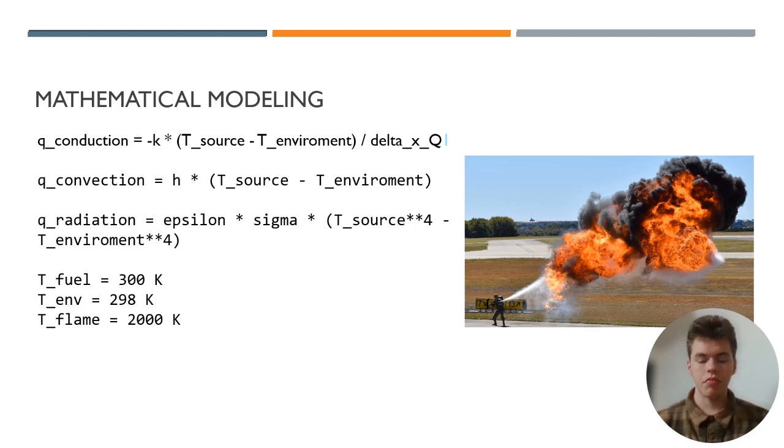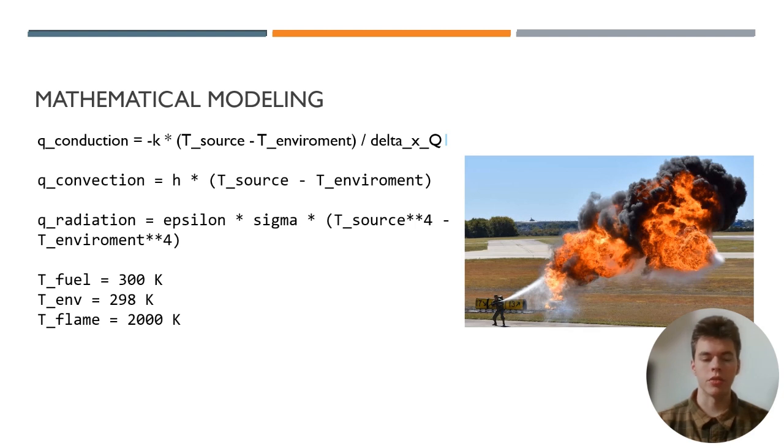So we combed through the website and what their measurements were, and we came to these basic equations we're going to use. For the fuel, we assumed it was going to be just a little bit warmer than its surroundings, 300 Kelvin.